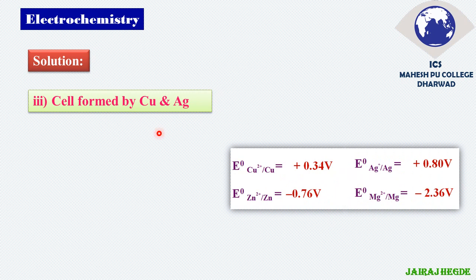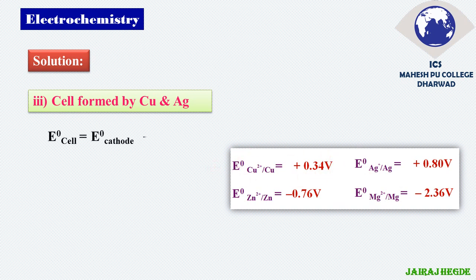Third question. The cell formed by copper and silver. Copper has a positive value, silver also has a positive value. Then look for which one is higher. Silver has a higher reduction potential than copper, so silver undergoes reduction, that means it acts as the cathode, and copper undergoes oxidation, it acts as the anode.